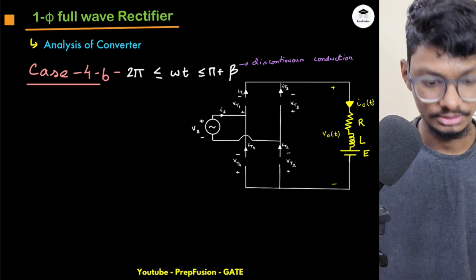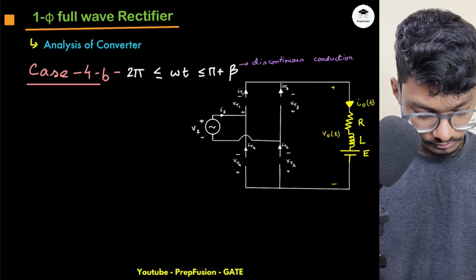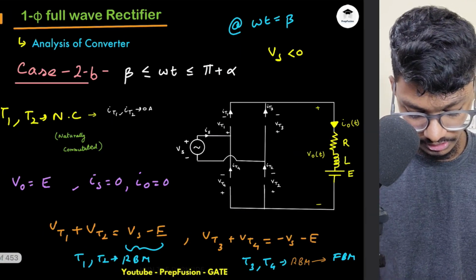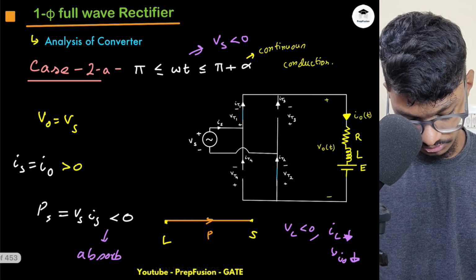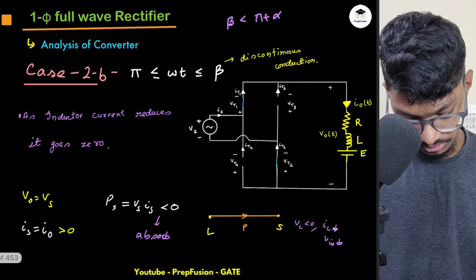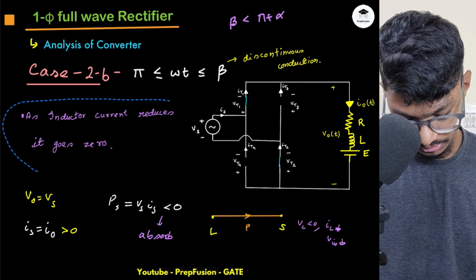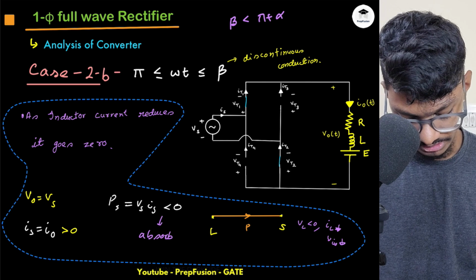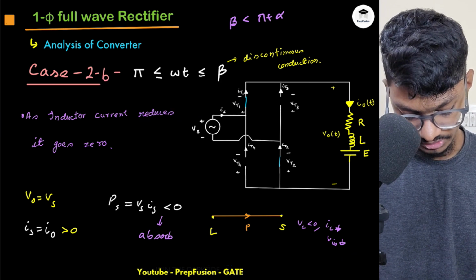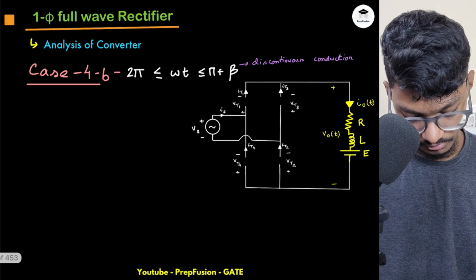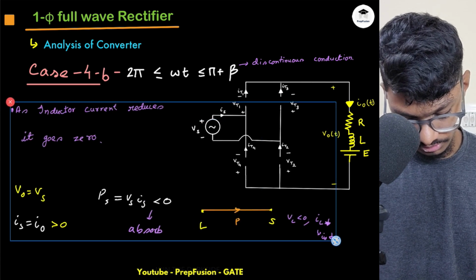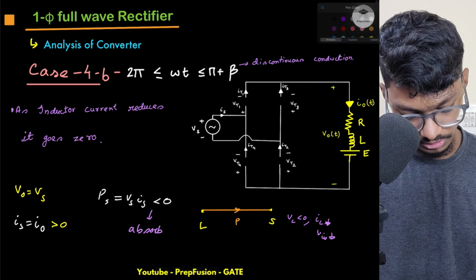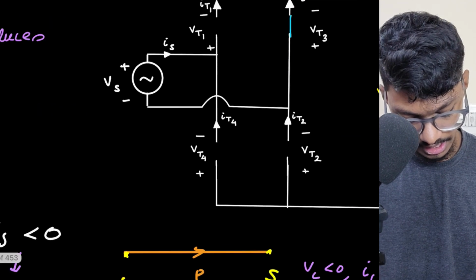So here, as they were on, the inductor will try to discharge. This case will be the same as the previous case, but the inductor will keep T3 and T4 on.